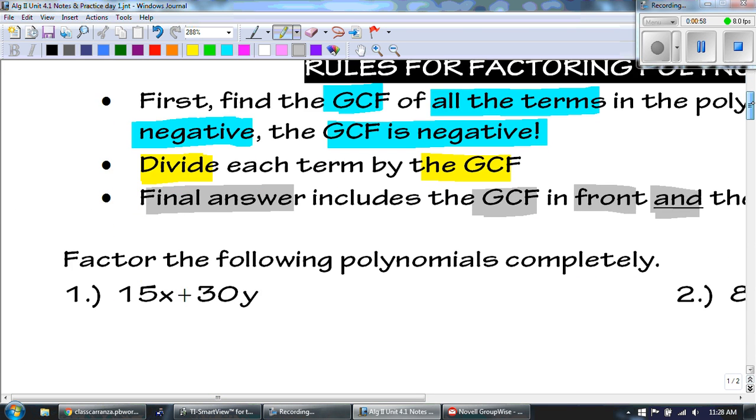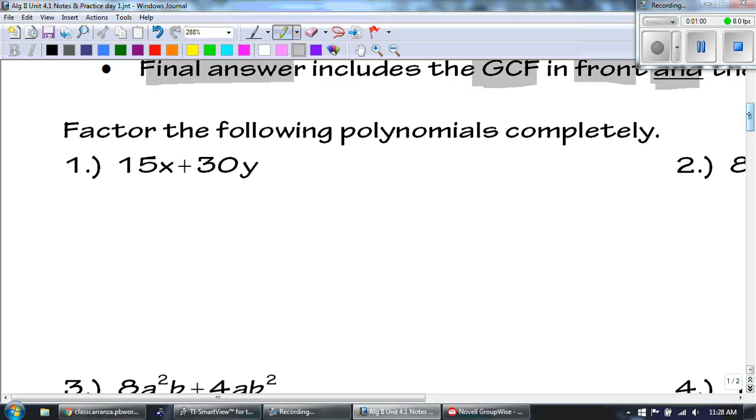Now, if you don't know what number goes into 15 and 30, you need to do a little side work and list all the factors. Well, for 15, it's 1 and 15. 2 doesn't go in, but 3 and 5.